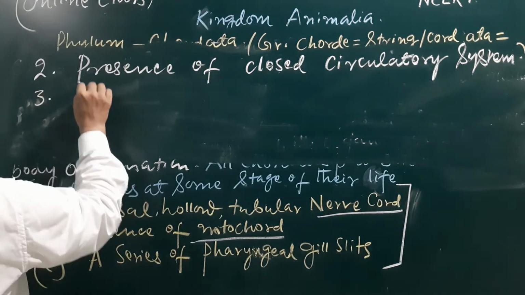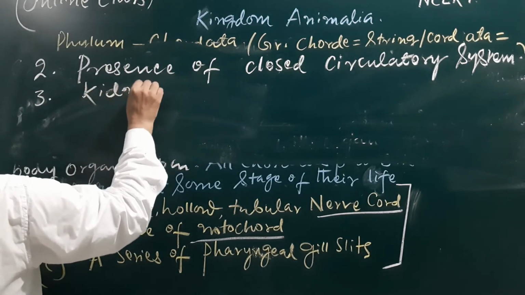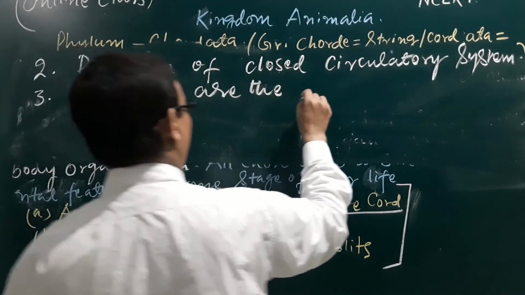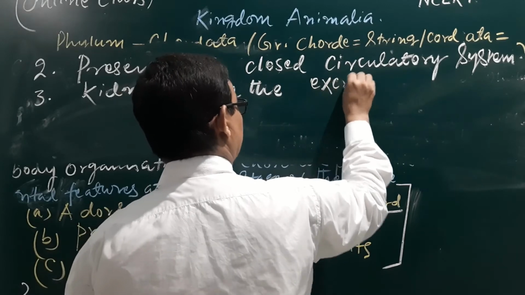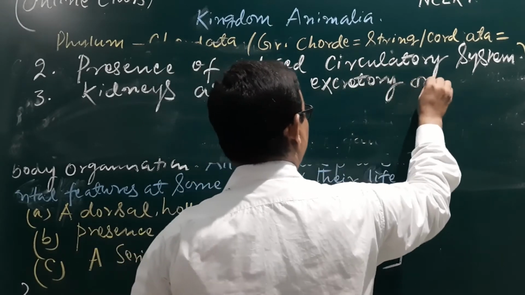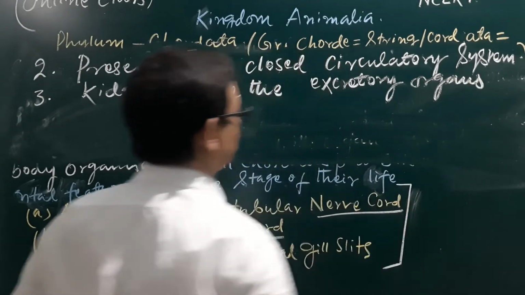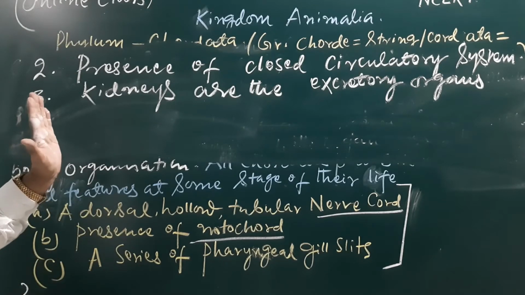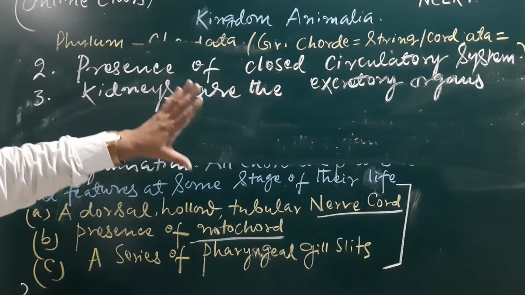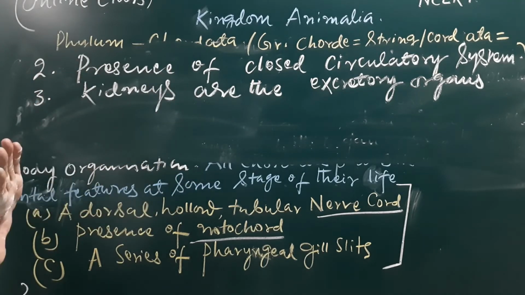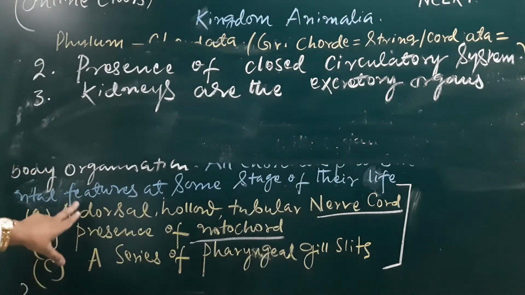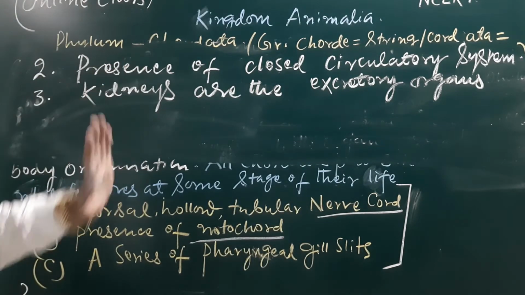Kidneys are the excretory organs. Fertilization may be internal or external, that is why I am not going to mention that. So these are some basic and exclusive features of the phylum Chordata, these 3 features and some basic features.